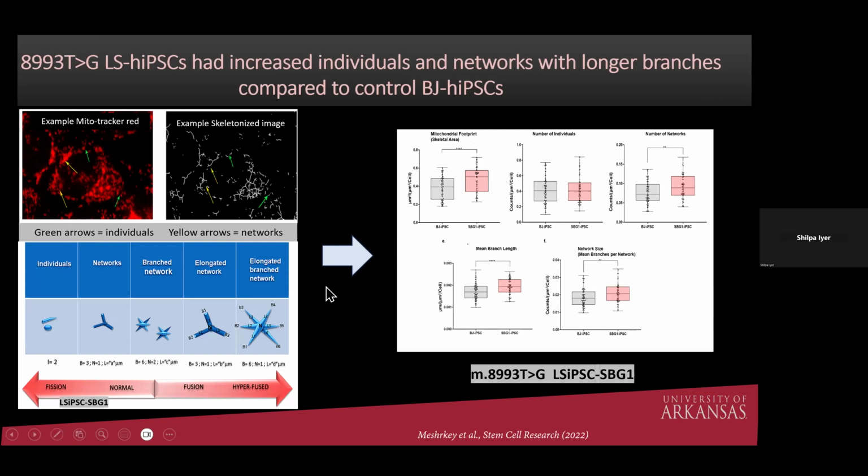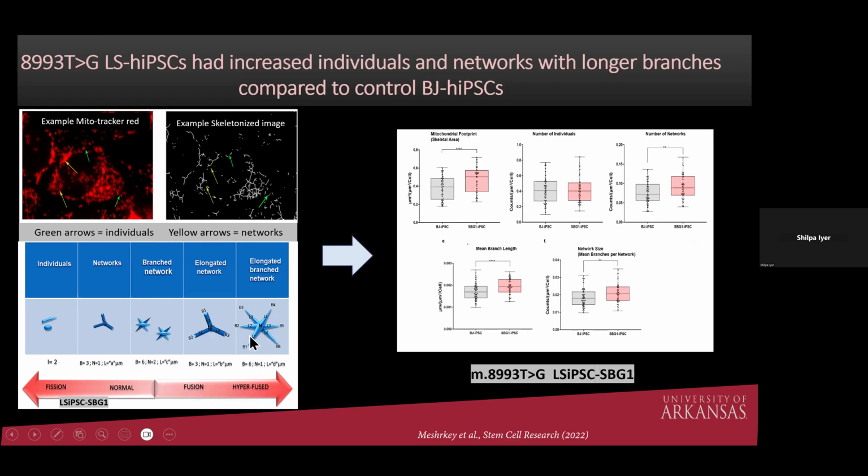They worked hard and found multiple different morphologies of the mitochondria: individuals, networks, branched networks that were a little more complicated, and then an elongated network and an elongated branched network. We designated individuals and networks as normal, and branched networks and elongated networks as undergoing fusion.